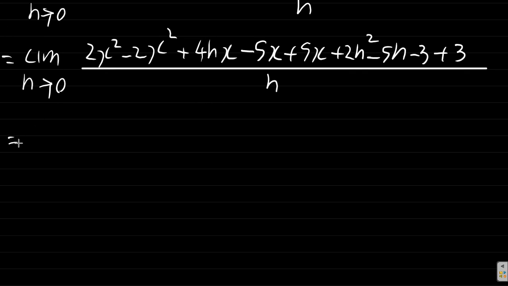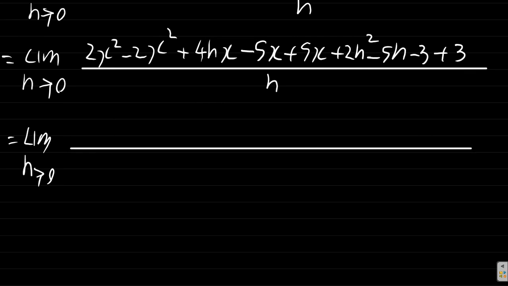Then the limit as h tends to 0 of. Alright. Let's see what happens up top here. We have 2x squared minus 2x squared. This is gone. Negative 5x plus 5x, that's gone. Negative 3 plus 3, that's gone.